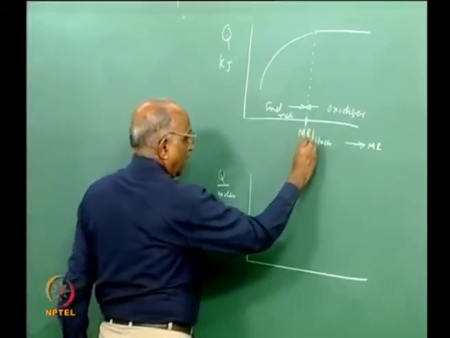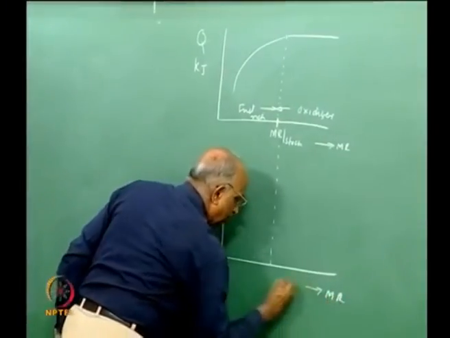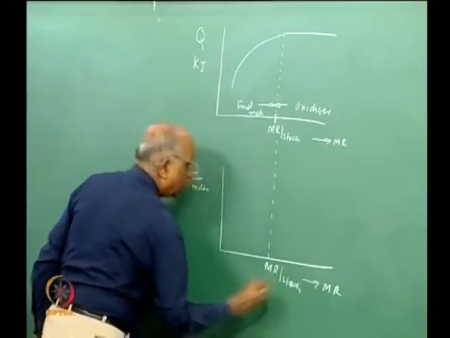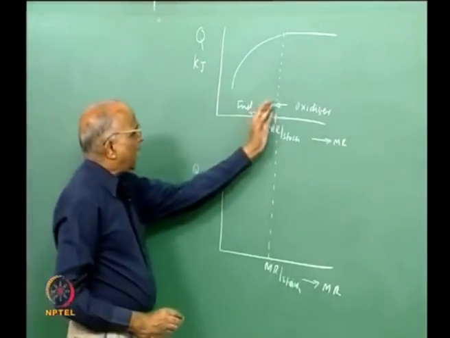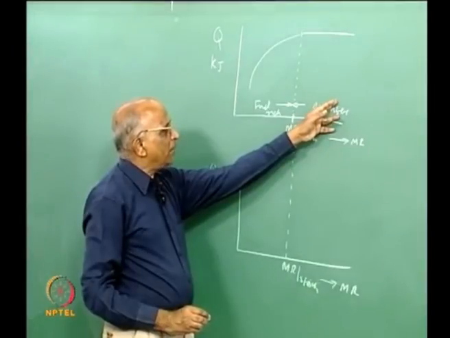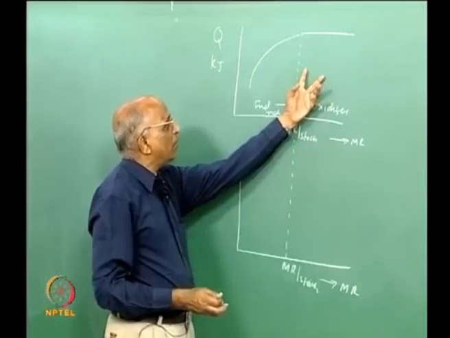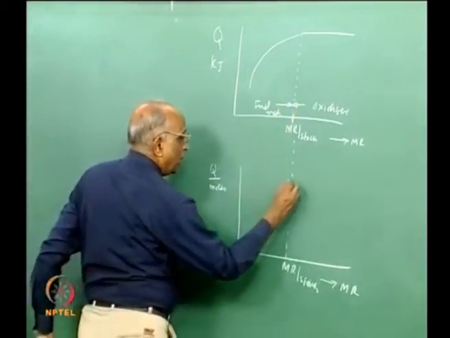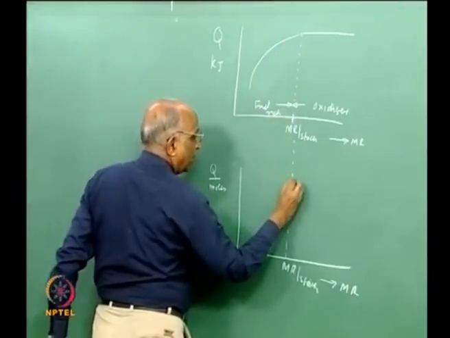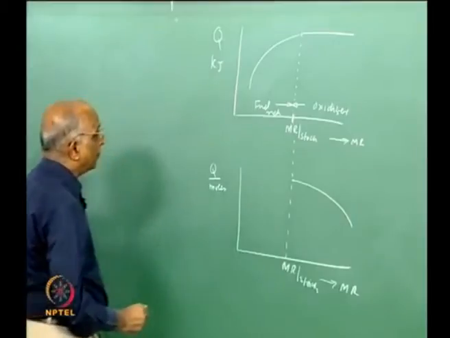Now, again I plot over here, this my axis is mixture ratio, this is mixture ratio stoichiometric. Now, what is happening? As the oxidizer quantity increases, I am left within the products with more and more oxygen, that is, the number of moles in the product increases, and therefore if this is the value of heat release per mole corresponding to this point, the curve begins to drop because the number of moles is increasing in the product.